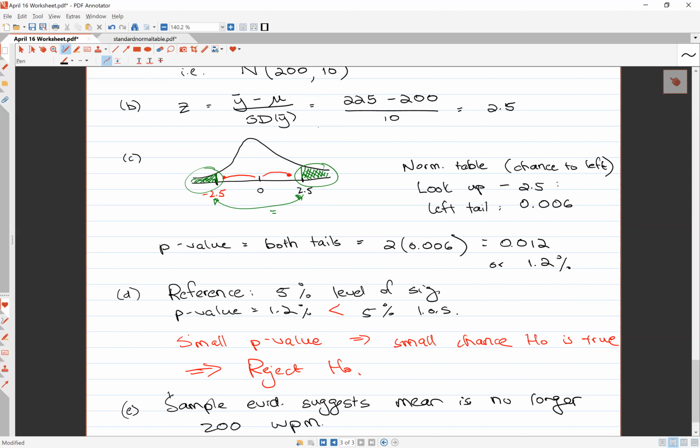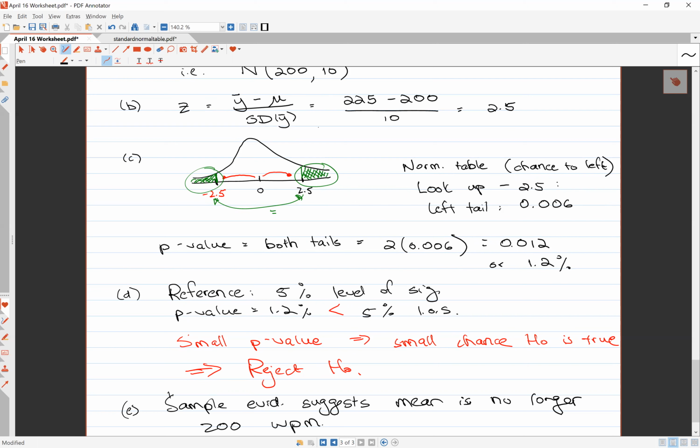Now, your alternative was generic. It considered both sides of the Z table. So we can't just say that it has increased, even though our sample average is larger. The formal hypothesis test has to be consistent with how your alternative was written down. And the alternative just said is different from 200.